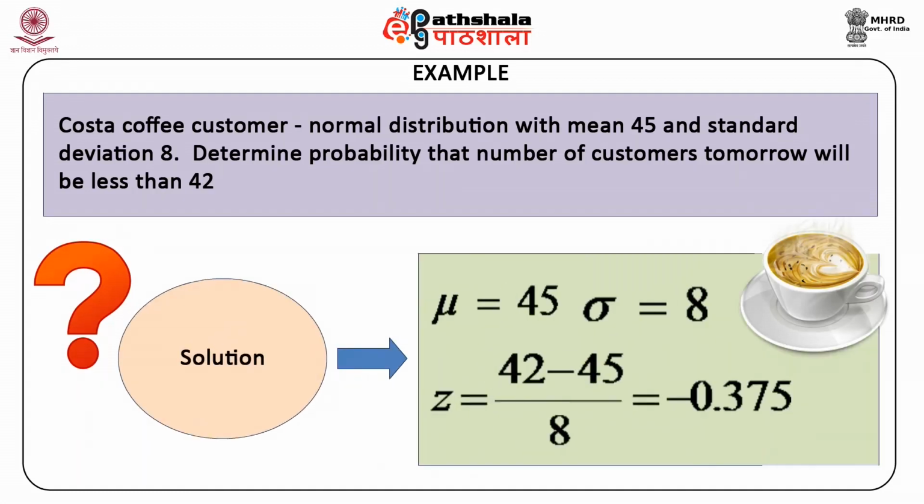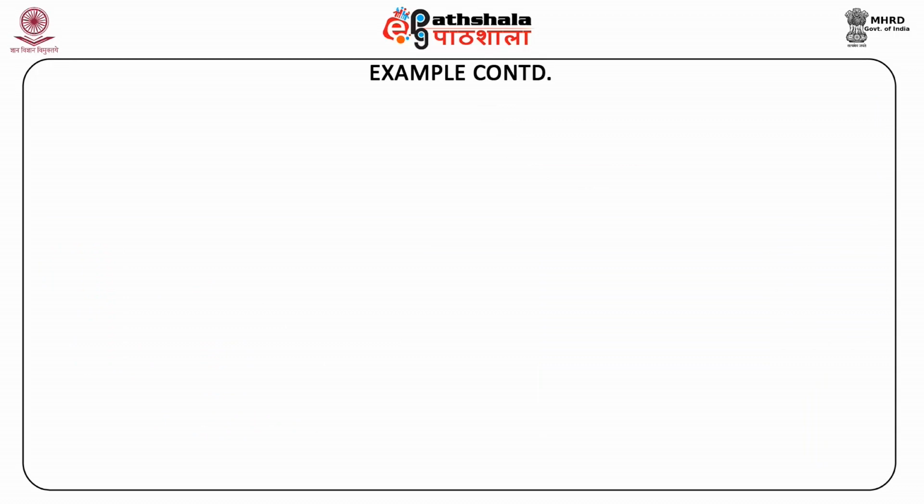Given mu is equal to 45 and sigma is equal to 8, we get z is equal to (42 minus 45) upon 8, which is equal to minus 0.375. Next, we use the z value table to find the probability, which amounts to 0.352, where we have rounded the raw score to minus 0.38.